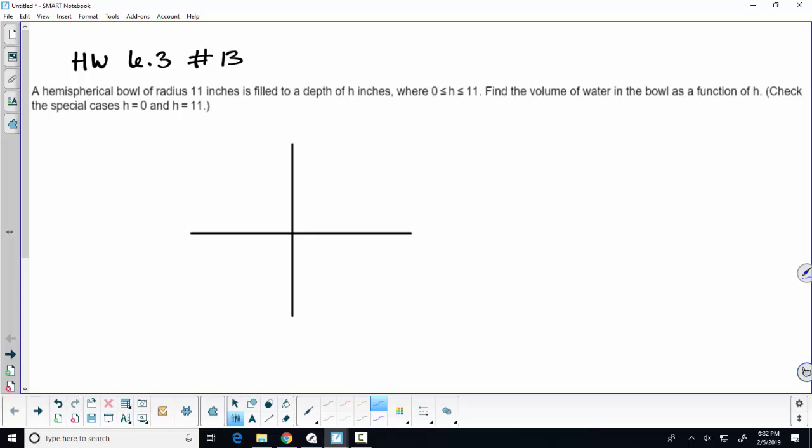Volume. So thinking about volume, we're thinking about taking something and rotating it around an axis. There are a couple of ways you might orient the hemisphere as a half circle. We could have the half circle like this, or we could have the half circle sitting on top of the origin.